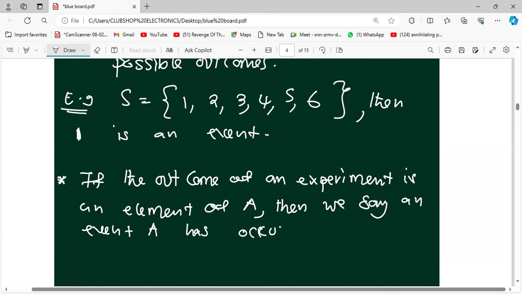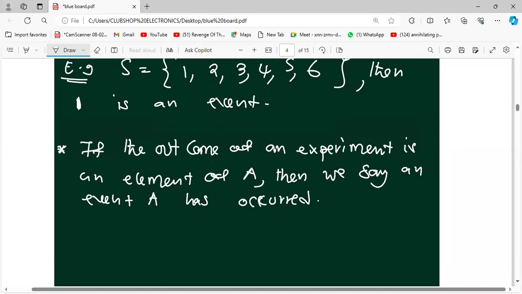So what we are saying is that if you conduct an experiment and the outcome is an element of A, then you will say A has happened, right? A has taken place, okay?